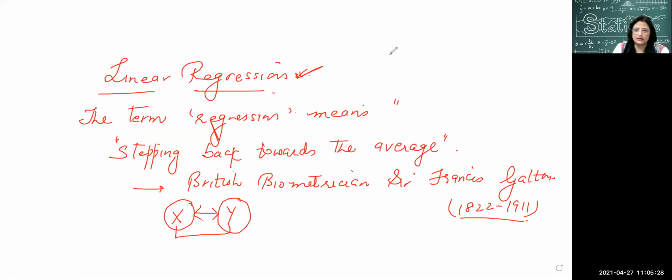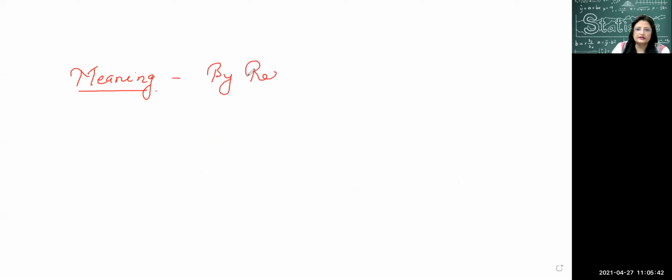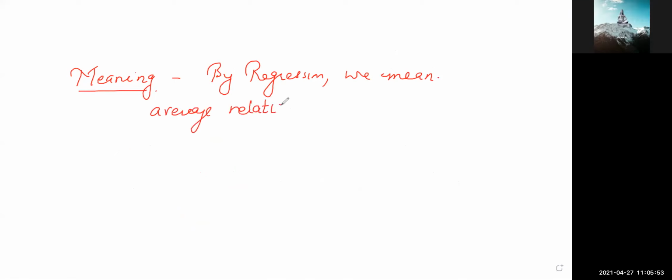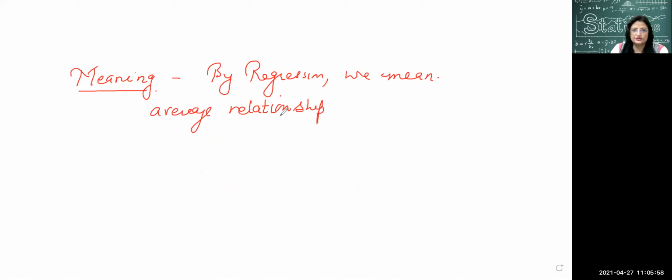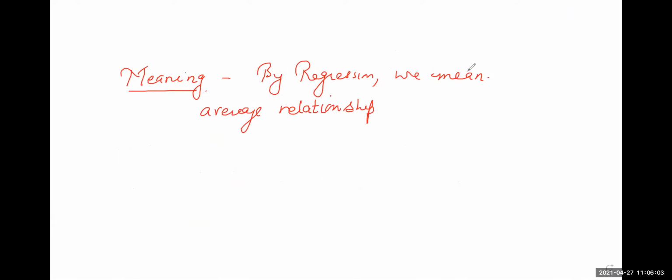So what is the meaning of linear regression? That was the dictionary meaning of regression, stepping back towards the average. So by regression, we mean the average relationship between two variables.